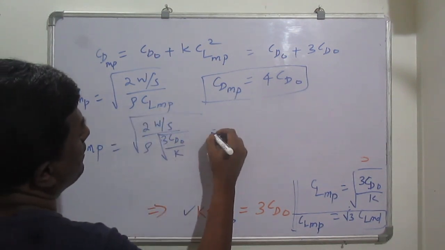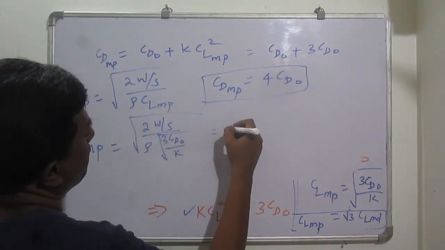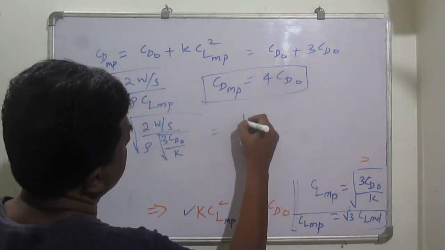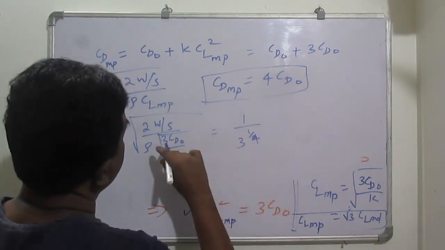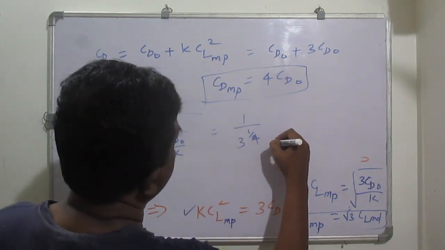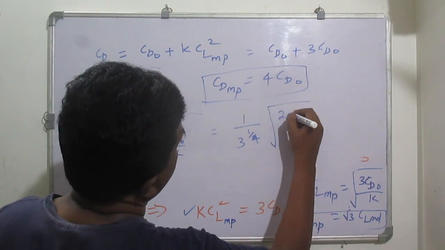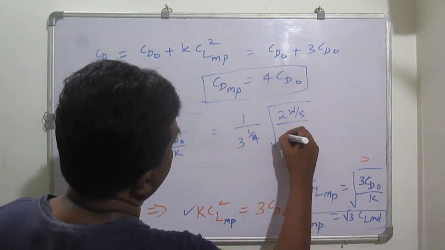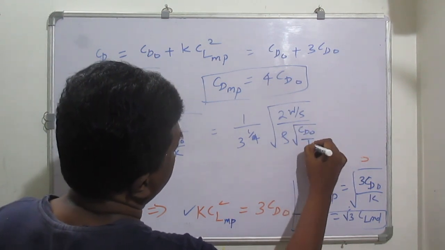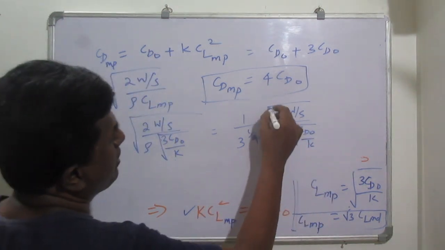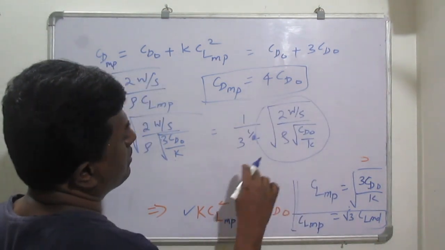So we can take this term out as 3 power 1 by 4, and the rest of the term stays as it is: square root of 2W by S by rho, times square root of CD naught by K. This is nothing but velocity minimum drag.